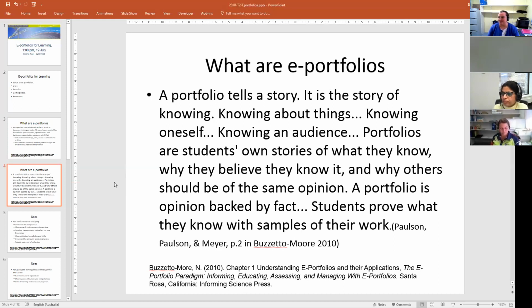It talks about them being the students' own stories of what they know, why they believe they know it, and why others should be of the same opinion. A portfolio is an opinion backed by fact. I think that's what we want all our students to be doing, in whatever assessment item: proving what they know with samples of their work. That's a nice little way for me of putting it, that the portfolio should be telling a story.